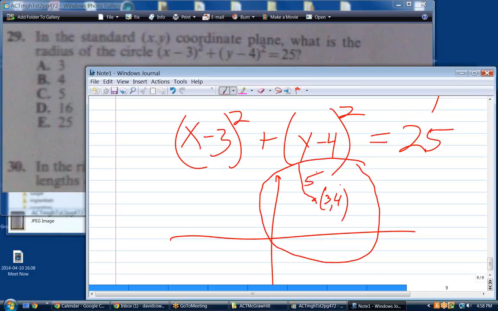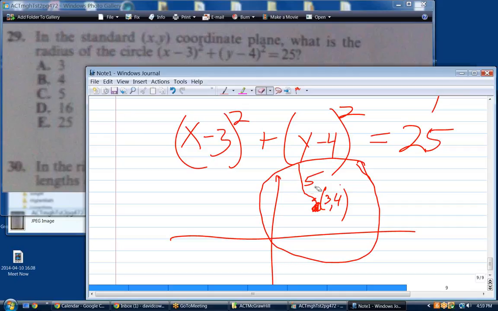This relation is enough to define this circle and its location on the xy coordinate axis. The only important thing about a circle is where it is centered and what its radius is. That answers everything there is to know about a circle in the xy plane.